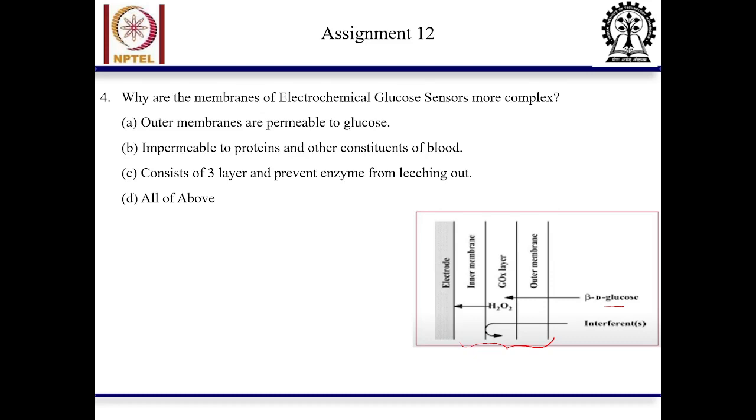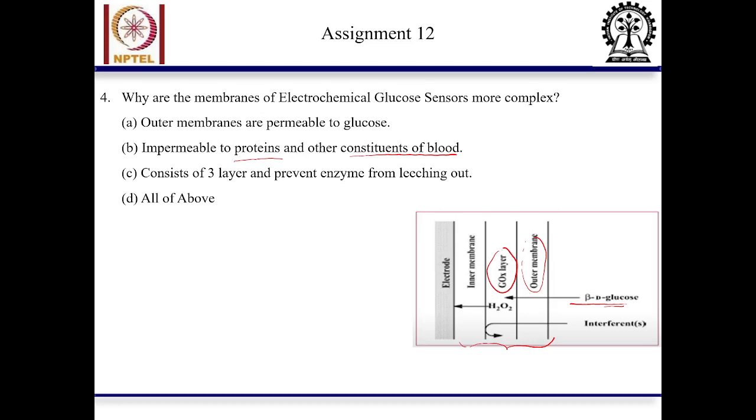So through the outer membrane only glucose can enter, but protein and other constituents of blood should not. That is the first layer. Then there is the catalyst layer, where oxygen will also come. So beta glucose and oxygen will come through the outer layer, where glucose will go to gluconic acid and oxygen will go to hydrogen peroxide.